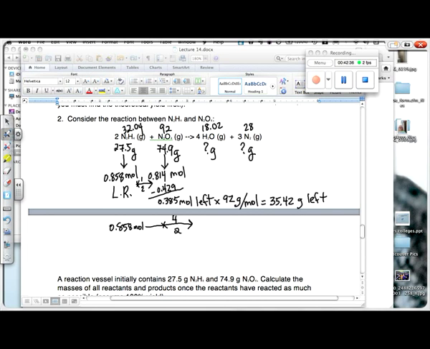And I get 1.716 moles, and then times the 18.02 to get my grams. So 30.92 grams of water is my amount of the water.